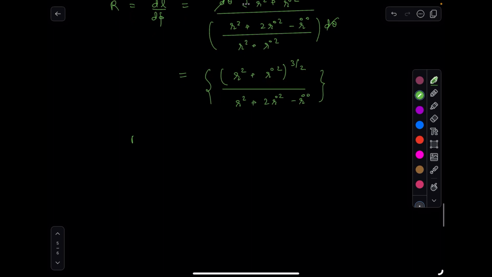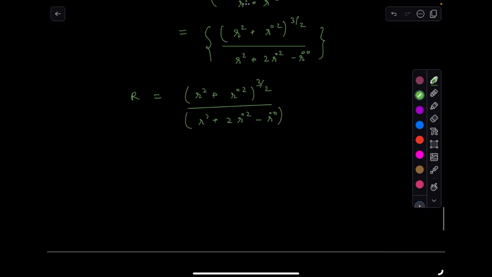So the expression for the radius of curvature in the polar coordinate system is r square plus r dot square to the whole 3 by 2 divided by r square plus twice of r dot square minus r double dot. Here we have to mention r dot means dr by d theta, and r double dot means the second derivative of r with respect to theta.